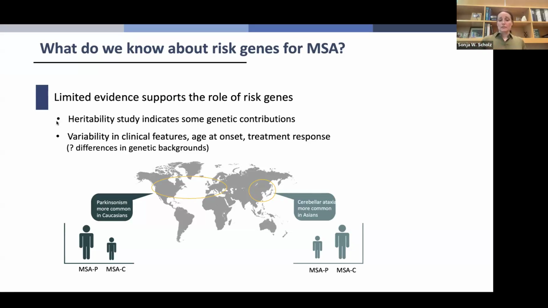We also see that there's a lot of variability from patient to patient in terms of age at onset, treatment response, progression of the disease. For example, we see more MSA-P cases in European ancestry cases, and more cerebellar subtype cases in Asians, which may suggest that there are differences in the genetic background that could explain that.